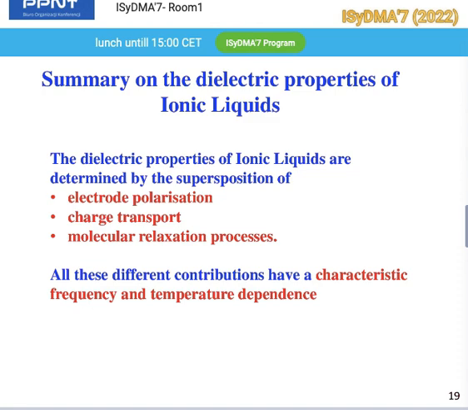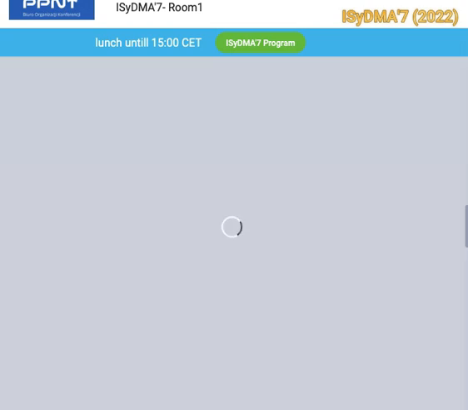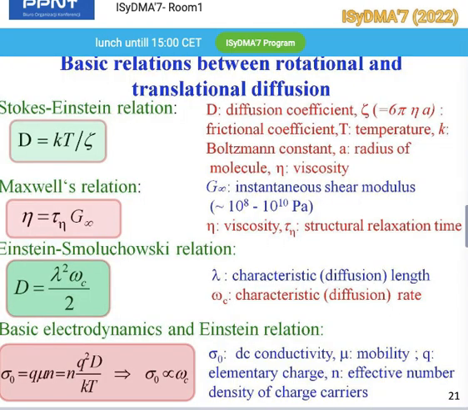Okay, and now I would like to switch over to the really important question: what is the interrelationship between glassy dynamics and charge transport? For that we need a few basic equations, and we have to combine different experimental techniques. We need the Stokes-Einstein relation, which defines a relation between the diffusion coefficient and the molecular friction coefficient.